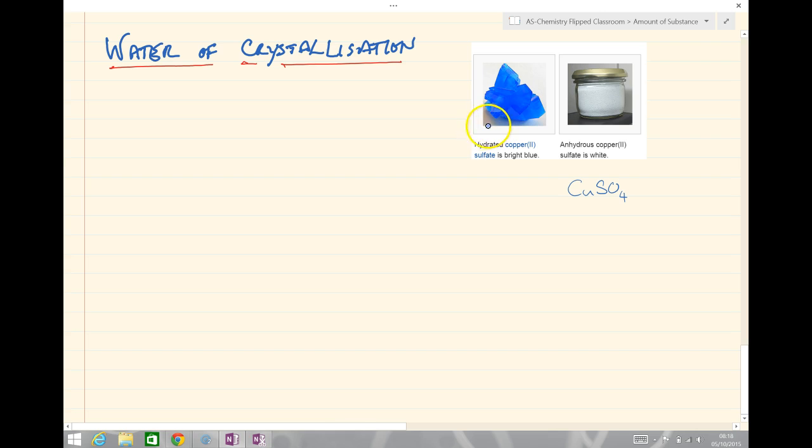This has got water associated and is typically blue, and it's defined by CuSO4.7H2O, so per copper sulfate molecule there tend to be 7 waters associated. So the water of crystallization is 7 water molecules per copper sulfate.